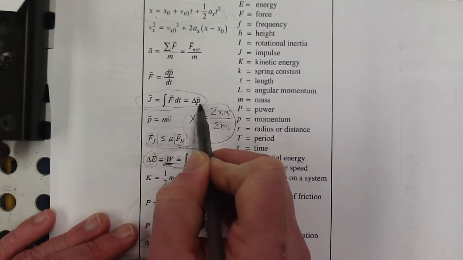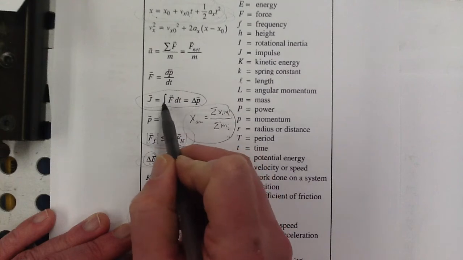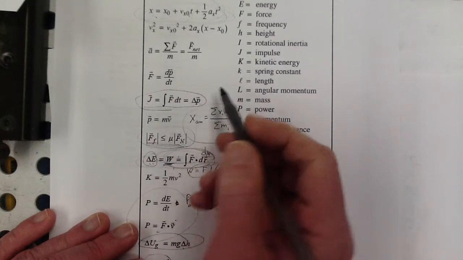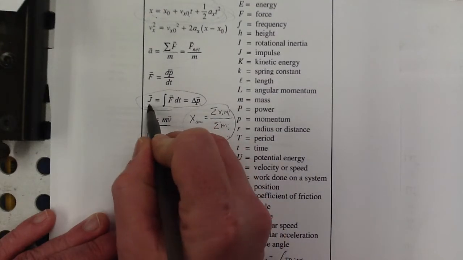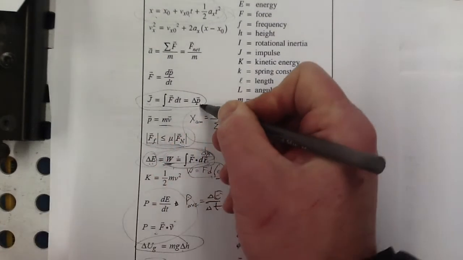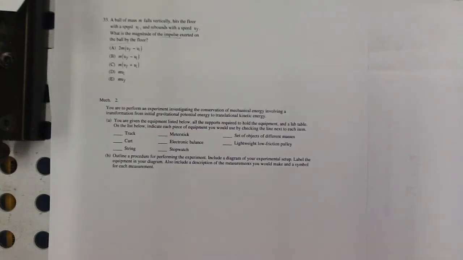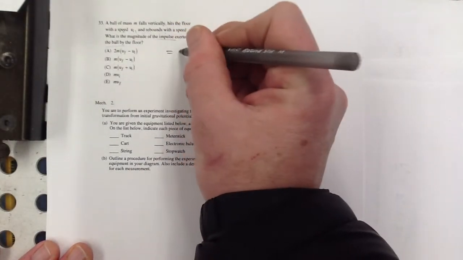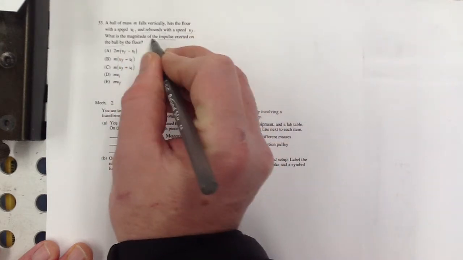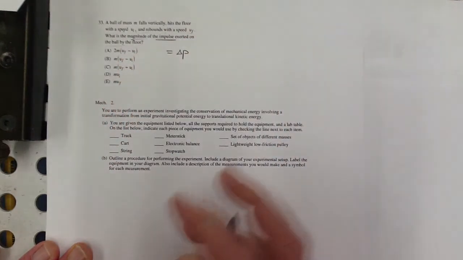Impulse equals change in momentum, and that's the integral of force with respect to time. And of course, momentum is mass times velocity. So impulse equal to change in momentum is the key right here. That's what they want to know, the magnitude of the impulse.